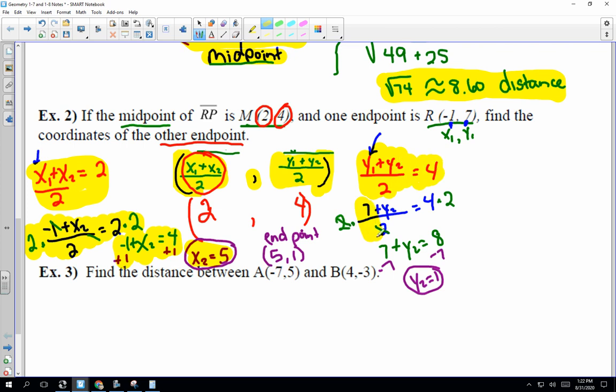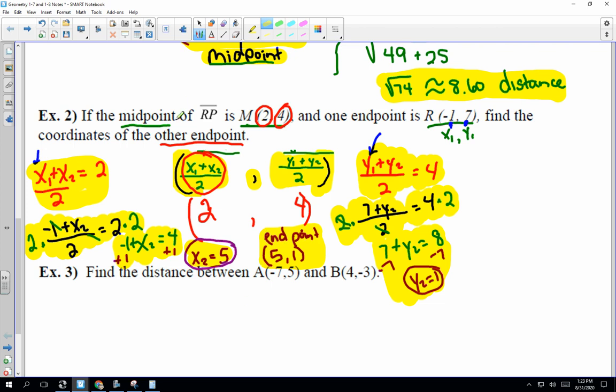I need 7 substituted in. And I need to show that you multiplied by 2. Then I need the equation 7 plus y2 equals 8. And you need to show me you subtracted 7 from both sides. And finally, I do need the endpoint written out as 5, 1.